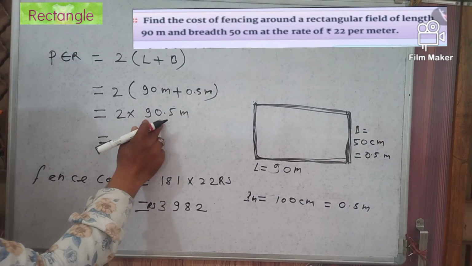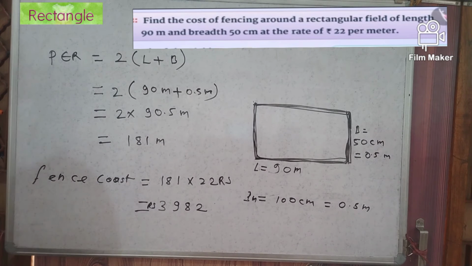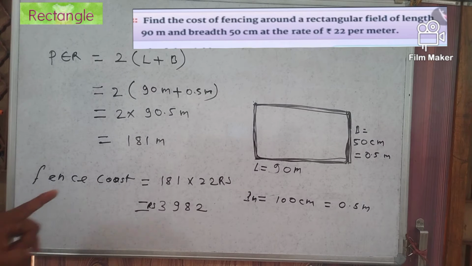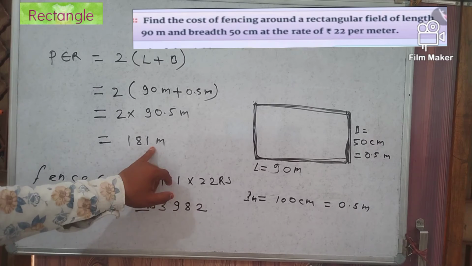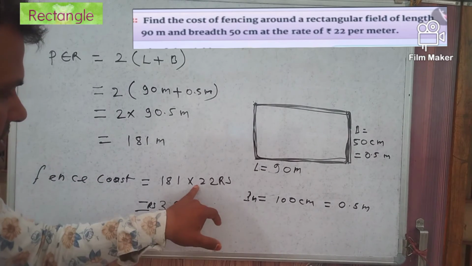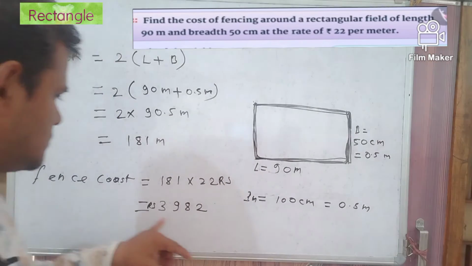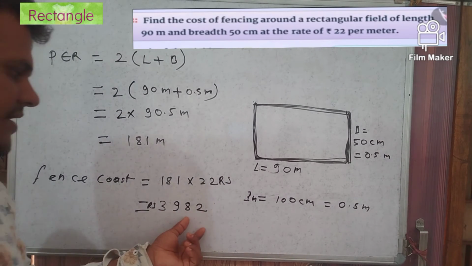So 2 into 90.5 is equal to 181 meter. Our target is to find the cost of fencing around the rectangle, right? So fence cost is equal to 181, the total perimeter, into 22 rupees, the cost per meter. So after calculating, we found 3,982.